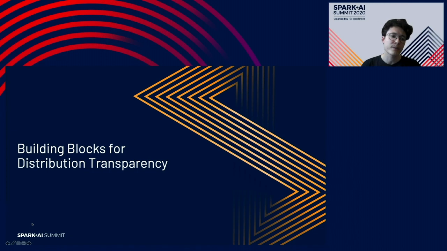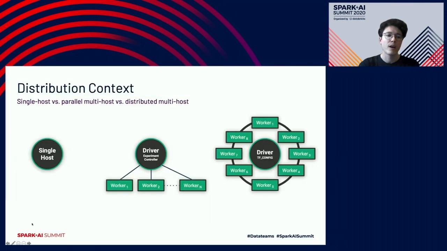To do this, we need to realize that there are a few building blocks that we need. The first one is that we need to see what is actually the distribution context that we're in. The single host environment explains itself pretty much.